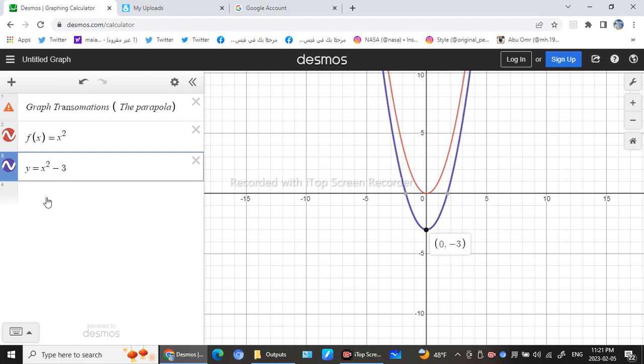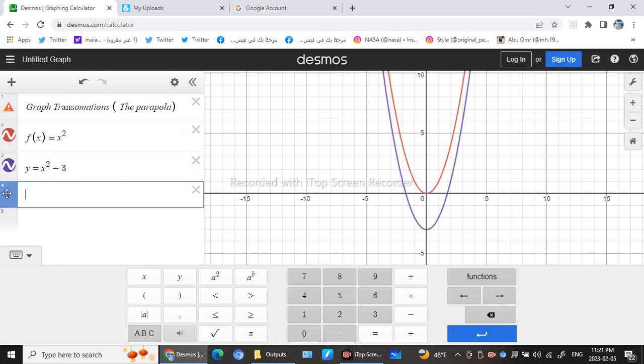Now, what is the effect of replacing x by x minus or plus a certain constant? For example, I will add 5.